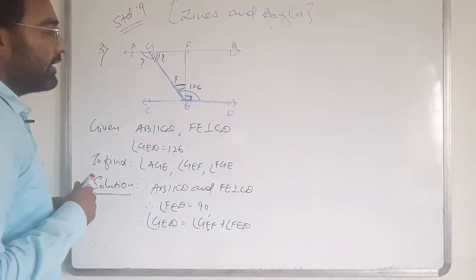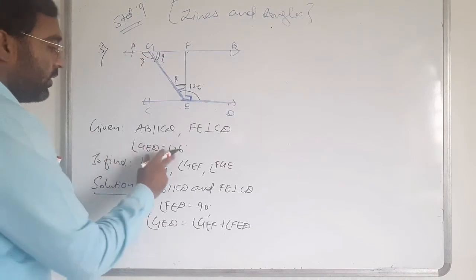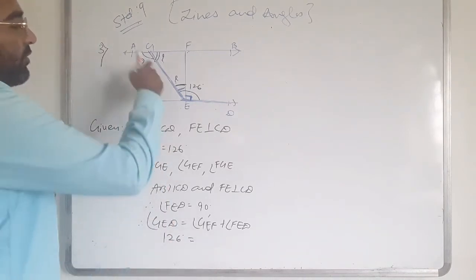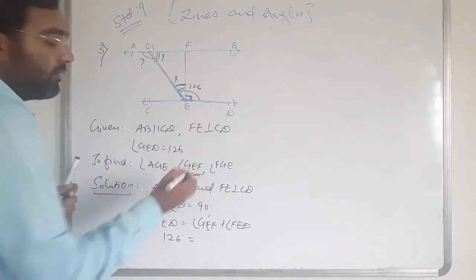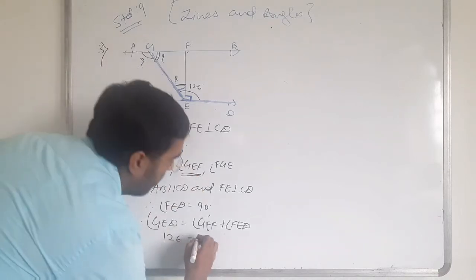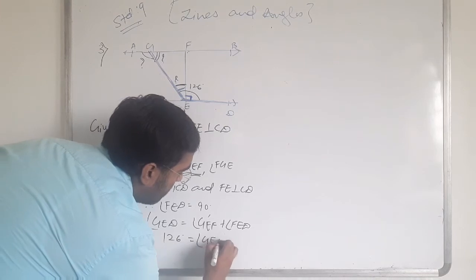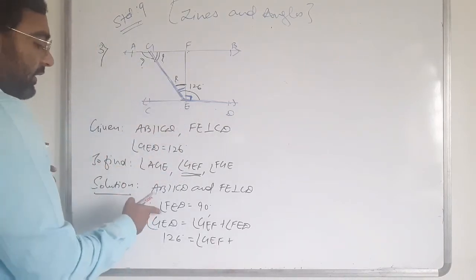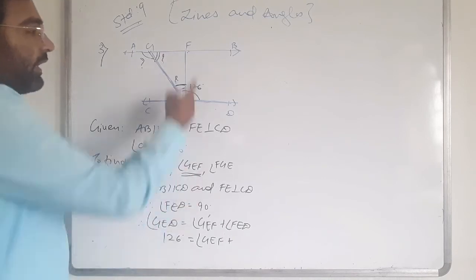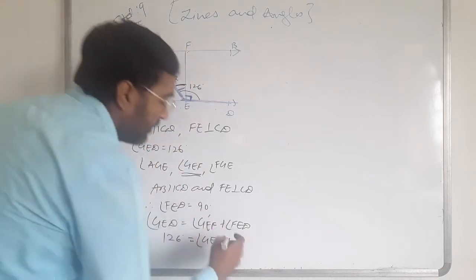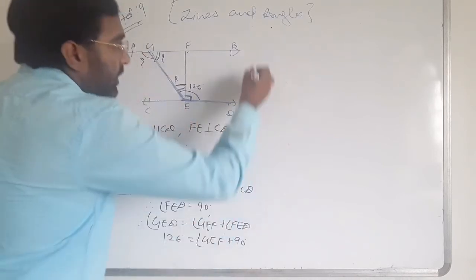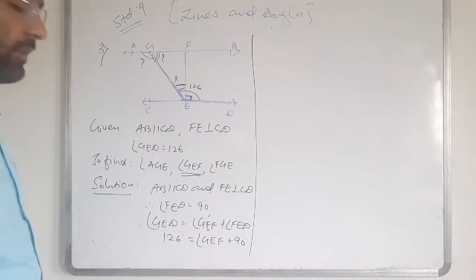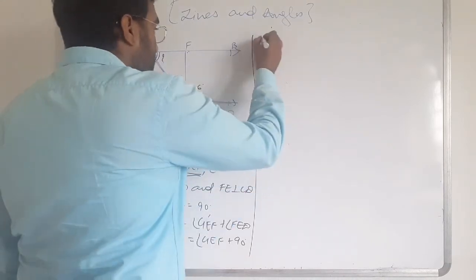GED is given, equal to 126 degrees. So I'll write 126 equal to GEF plus FED, and FED is given as 90 degrees. Now 90 is shifted to the other side, that is, subtracted from 126.